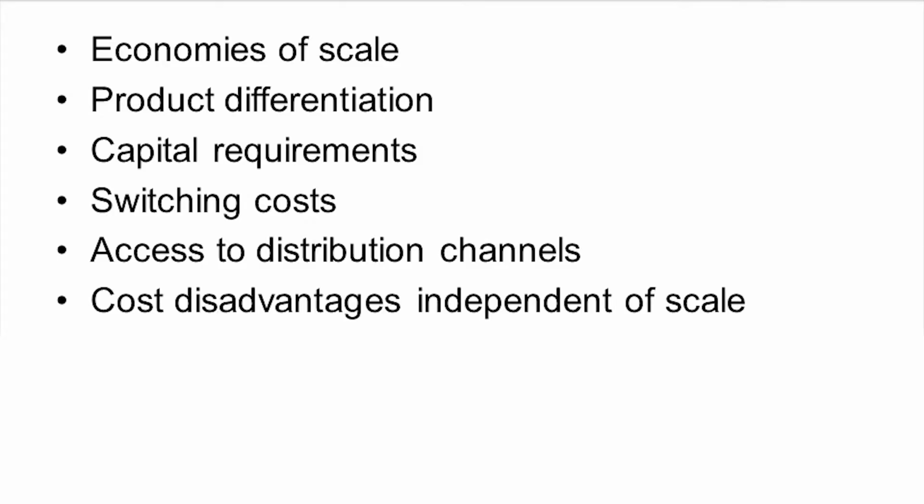An existing firm also may achieve cost advantages that cannot be duplicated by new entrants. So, these are cost disadvantages to new entrants. These include proprietary process technology, more favorable access to or control of raw materials, the best locations, or favorable government subsidies.